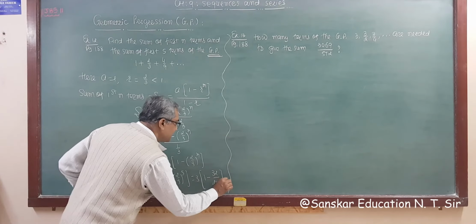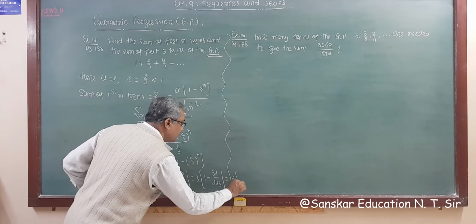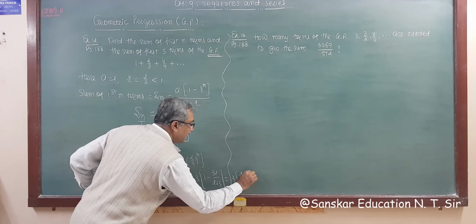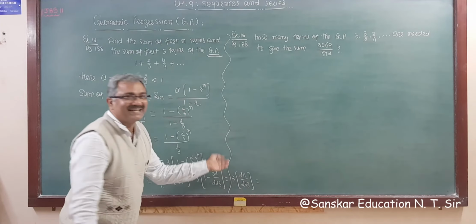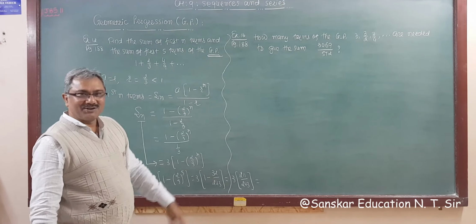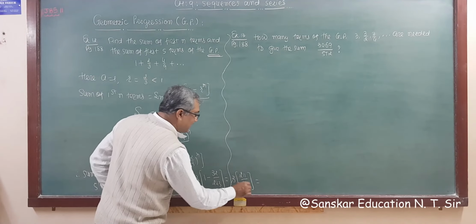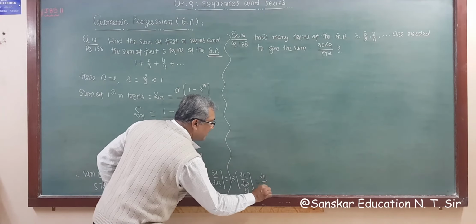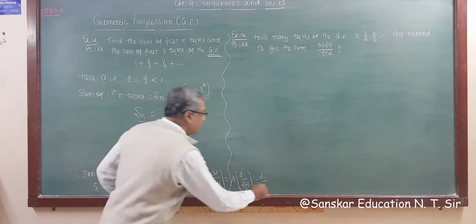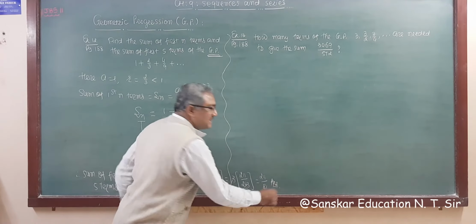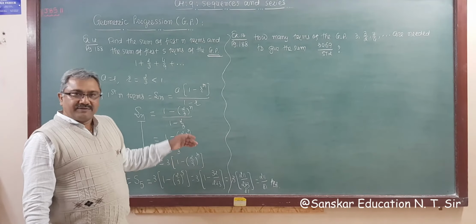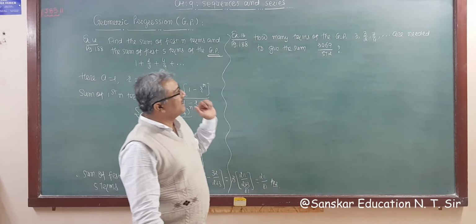That is 3 into 211 upon 243. We have lots of space here. So this is 81, and the answer will be 211 upon 81. This is your final answer. So we did this type of question earlier.